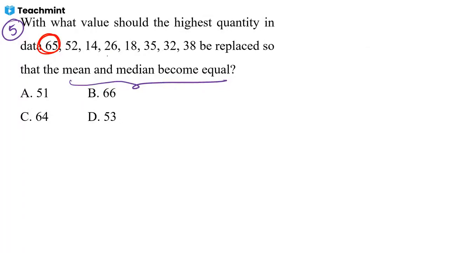So what is the median? We have to put the data in ascending order or descending order. I'm putting this in ascending order: 14, 18, 26, 32, 35, 38, 52, 65. We have 8 data values here.